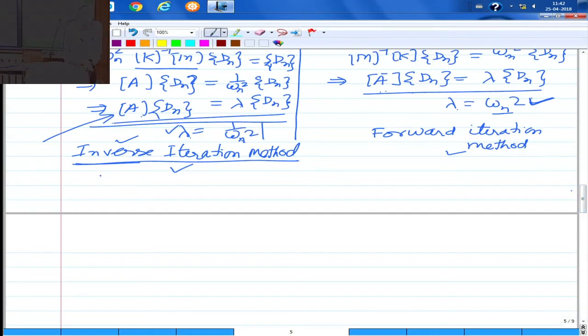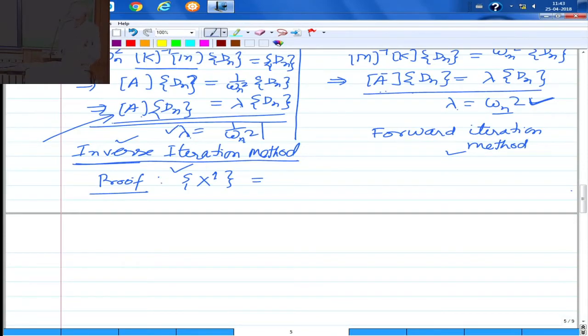Proof that it works. Let's say I take an initial guess, which is arbitrary. Since it is arbitrary, I can always express this initial guess as a linear combination of all the modes of the structure.